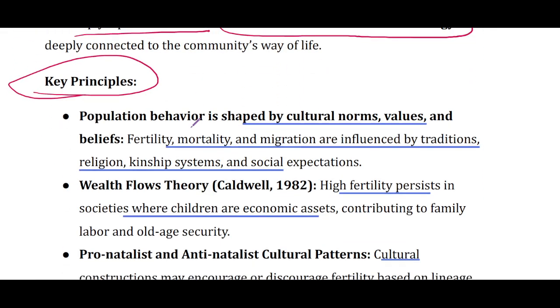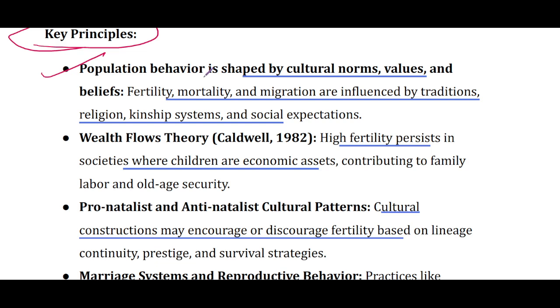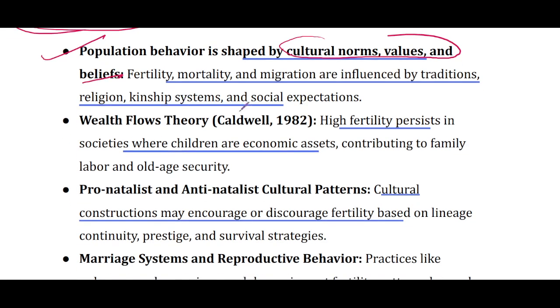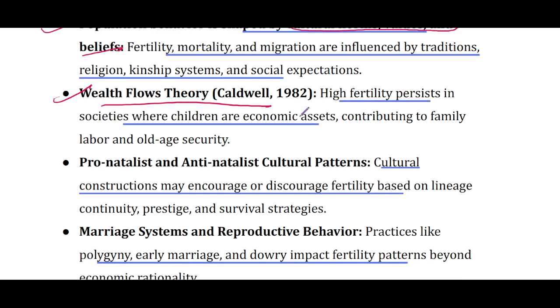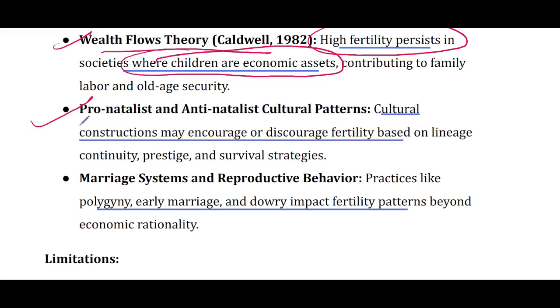Now, the key principles of cultural theories: first, population behavior is shaped by cultural norms, values, and beliefs. And second, the theory by Caldwell, the wealth flow theory, says that high fertility persists in those societies where children are economic assets. Then the pro-natalist and anti-natalist cultural pattern.